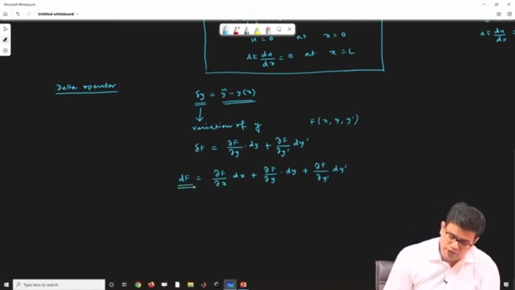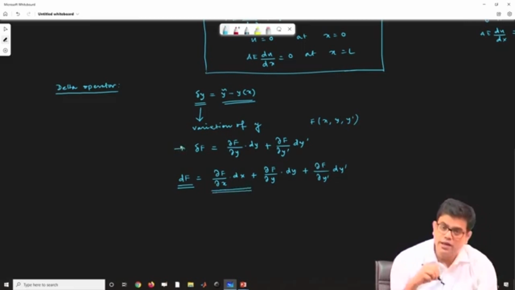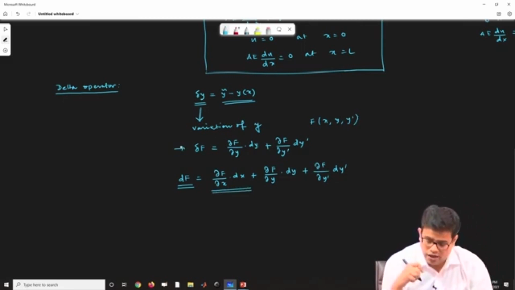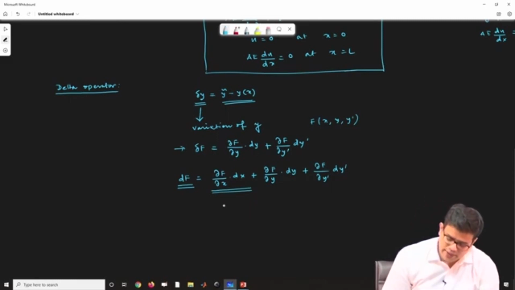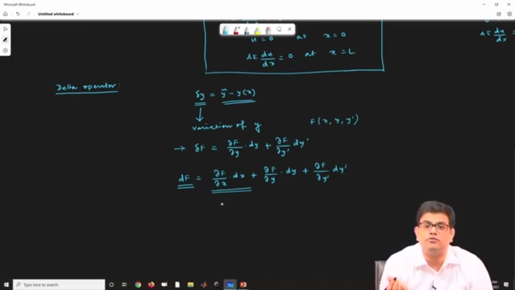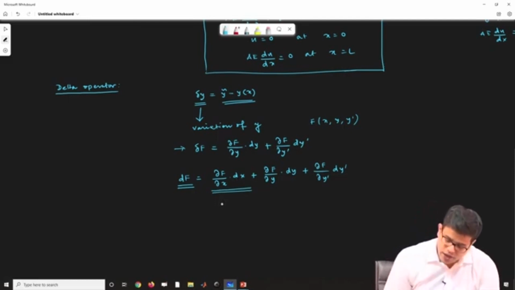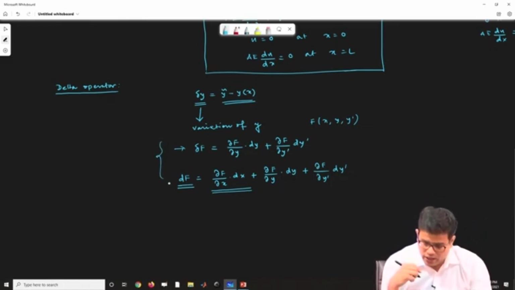This is the total differential, whereas this quantity is not present in the variation of y. This is because the variation has to be allowable or admissible. So that's why the dx has to be 0 in the variation of y. I will explain this concept, and we will see it a little more in later days.